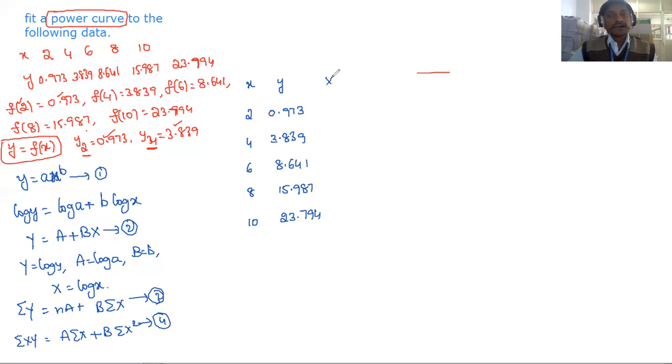And capital X we require and capital Y also we require. So capital X is log x, and this is log y. So here we need to write log 2, log 4, log 6, log 8 and log 10. Right? Base 10 only.